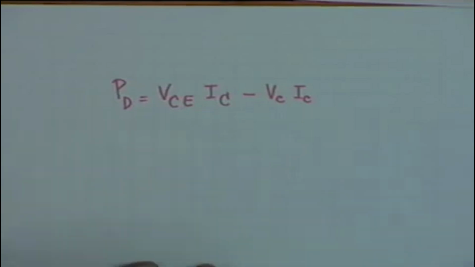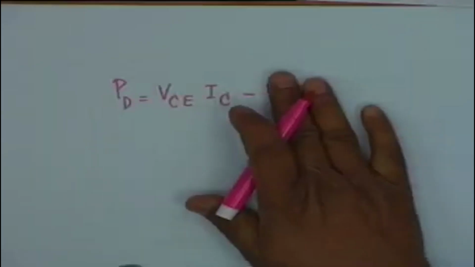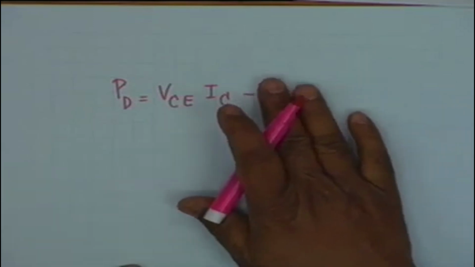And this also shows something else, that if you do not apply a signal, that is V sub c equal to 0 or I sub c equal to 0, then obviously the power dissipation in the transistor shall be maximum. So before the political leader comes, you should not put your public address system on, because it gets more and more heated. Is the point clear?